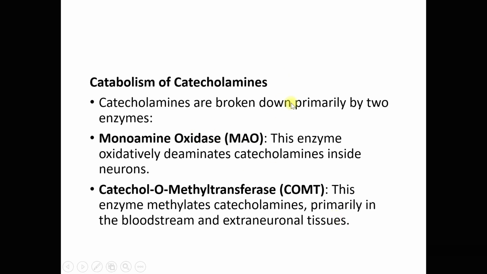And there are also drugs called monoamine oxidase inhibitors, which act here and also prevent further degradation of catecholamines inside neurons, thereby increasing the levels of epinephrine, dopamine, and norepinephrine, and thereby treating diseases like Parkinson's disease and depression. So these enzymes are used as drug targets.